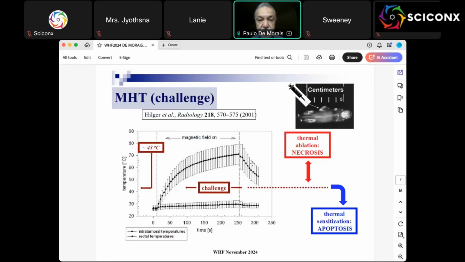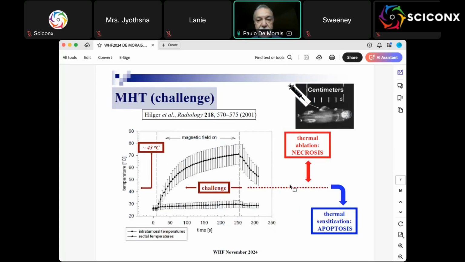So here is a very important border. And the big challenge of magnetic hyperthermia is to keep around 43 C. Why is that? This is a very important border in magnetic hyperthermia.